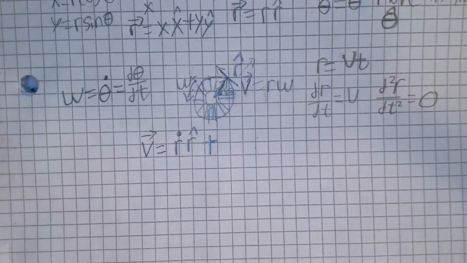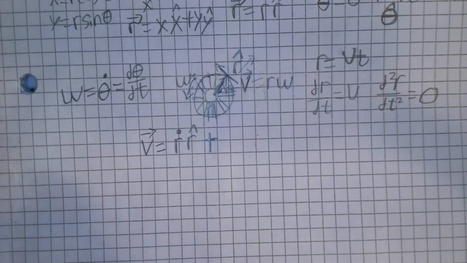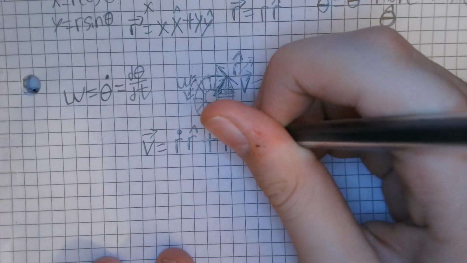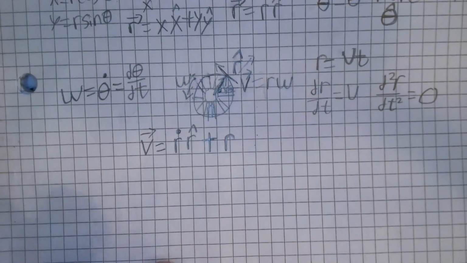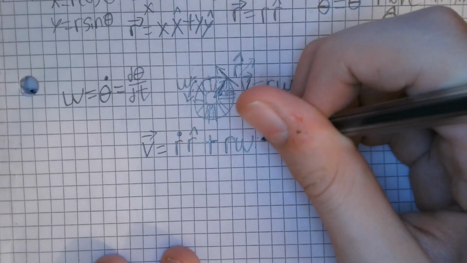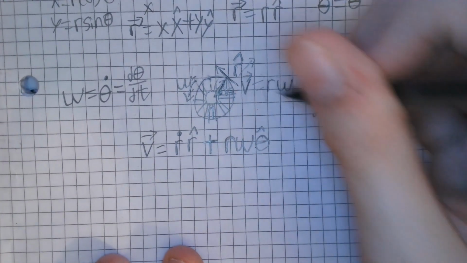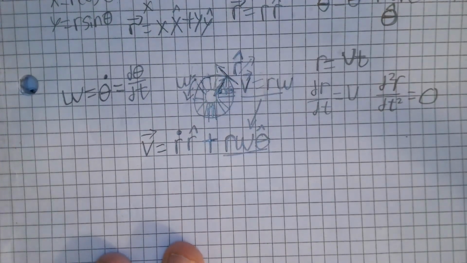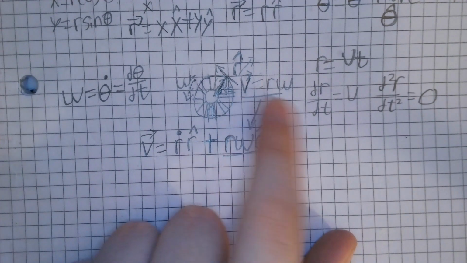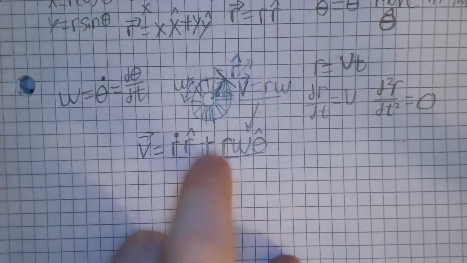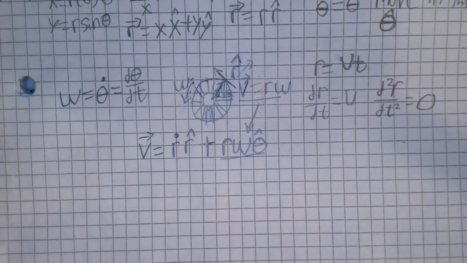Plus r, so our position, times omega in the theta hat direction. And if you look, all we're doing in polar coordinates is just taking this equation, which I introduced in the last video, and we're just putting it within our polar coordinate reference frame. So I hope that makes sense.